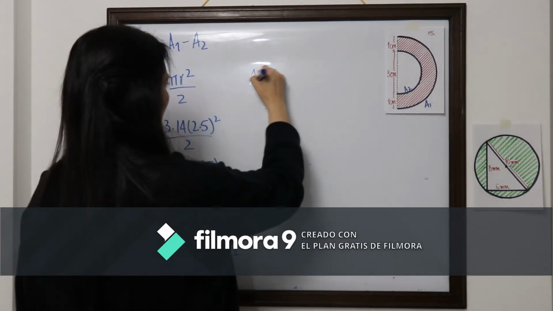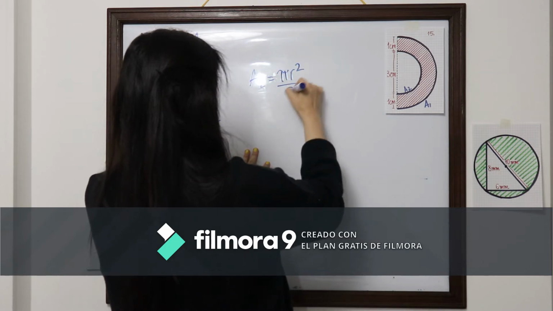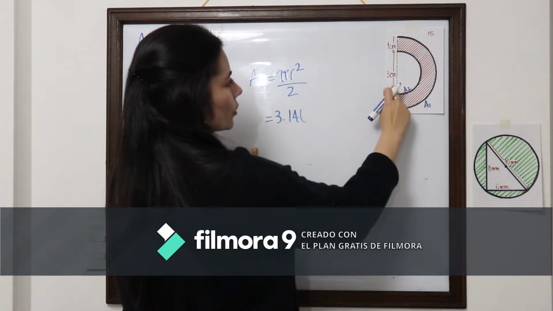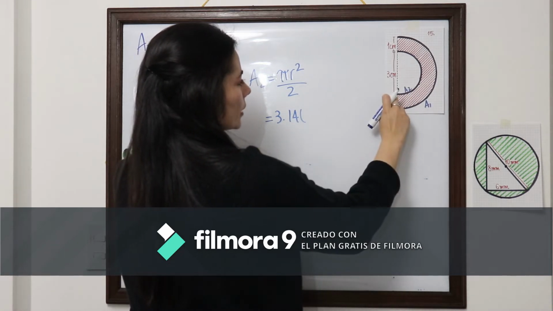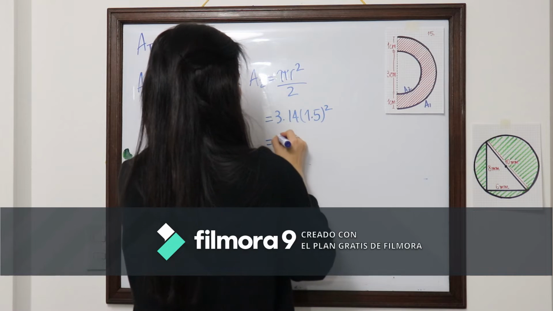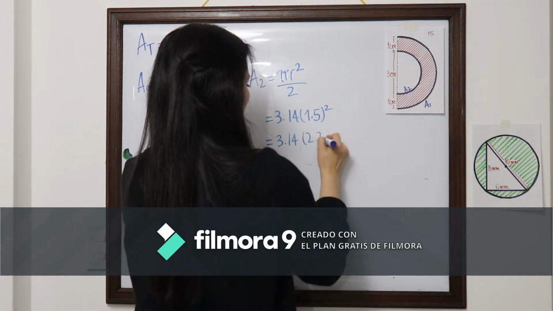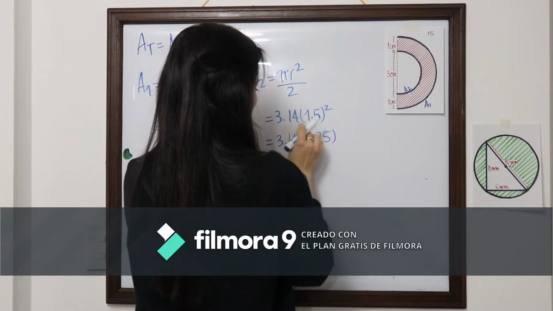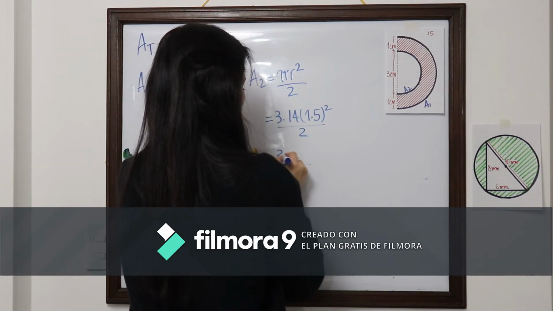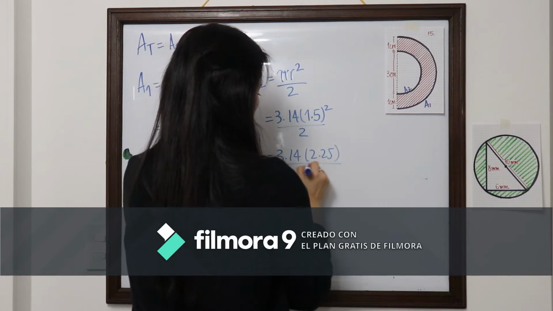Now the second area, again, is going to be a semicircle. This way, and so we have 3.14, and now think about only this 3 centimeter diameter, right? I need half of it only, which is 1.5 squared, and that is going to be 2.25, divided by 2.